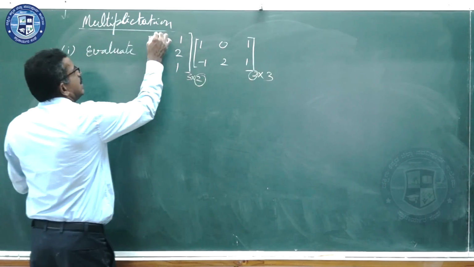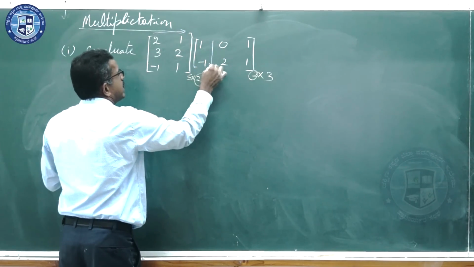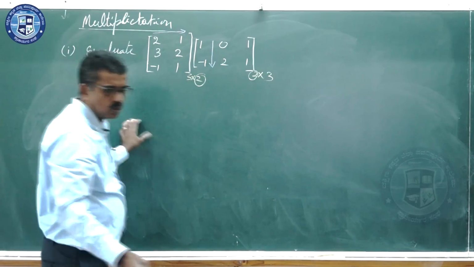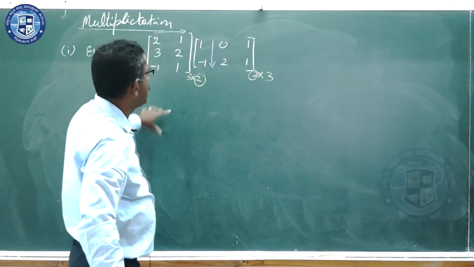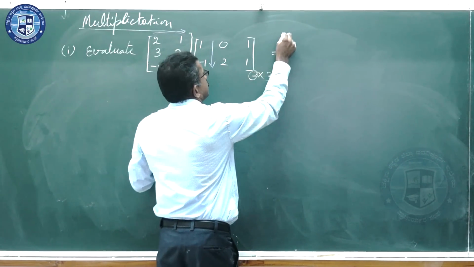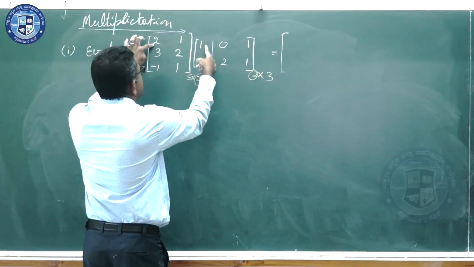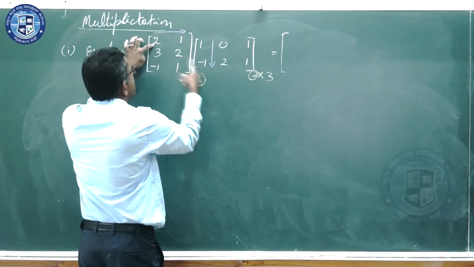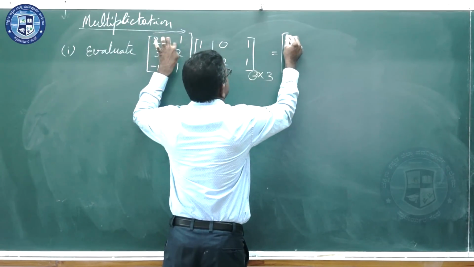We have to take rows of first matrix, multiply with the columns of second matrix. So I'll go little fast now because we have experience now. We have already experienced how to find the product of 2 matrices. 2 and 1 has to be multiplied with the 2 and minus 1. 2 1s are 2. 1 into minus 1, it is minus 1. 2 minus 1.